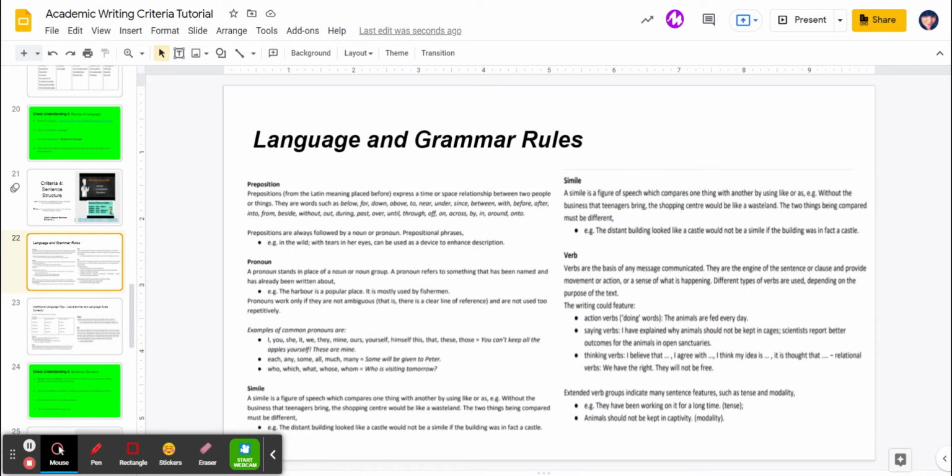Nouns, pronouns, and similes. Take time to read through these rules of language and grammar. Use the examples and check when using and composing your writing whether you are following these rules correctly.